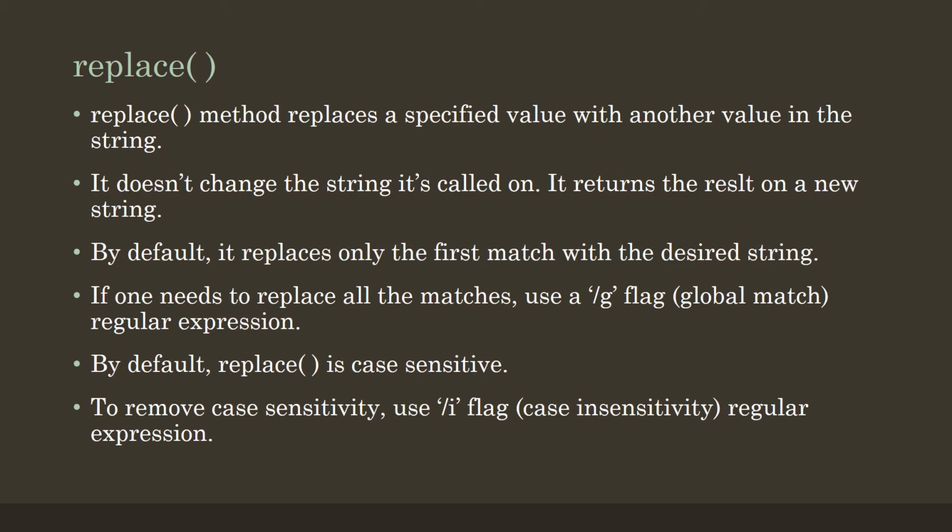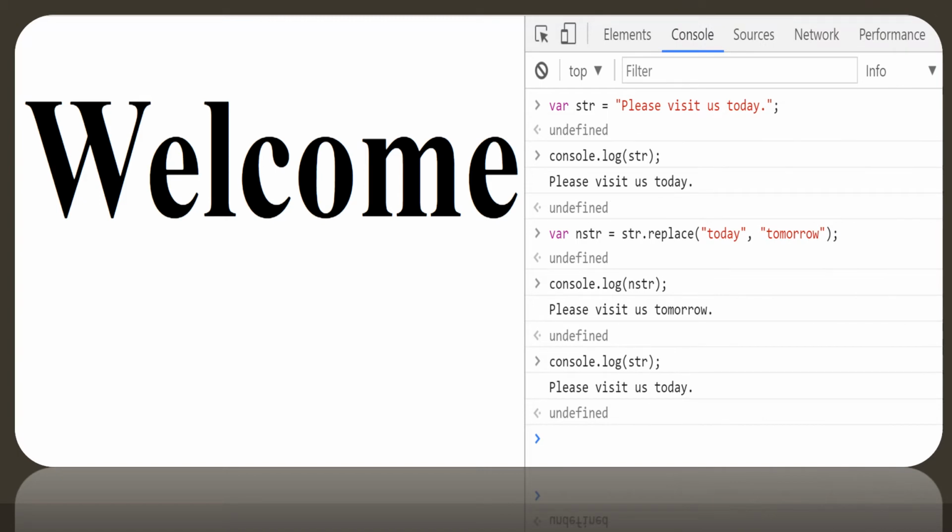So here we are going to see an example. I have an str given a value, please visit us today. I'm console.logging it, please visit us today. Now I have a new string nstr, and I'm performing a replace on this original string str, which won't do anything to the original string but save the result in a new string nstr.